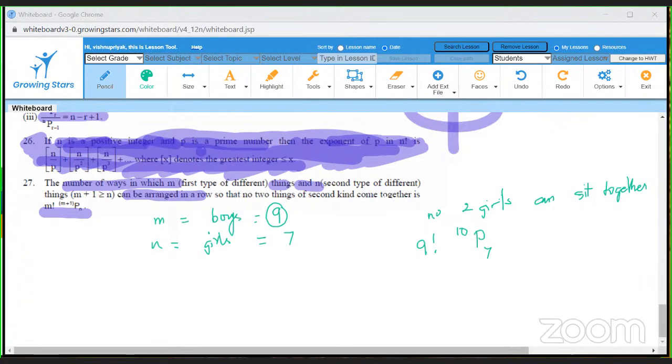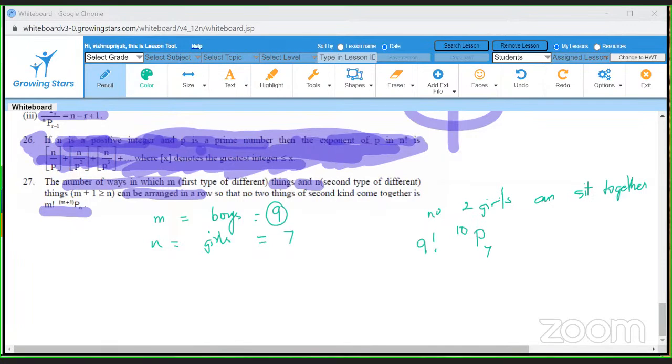Let me put some more formulas along with shortcut formulas. Many are there.